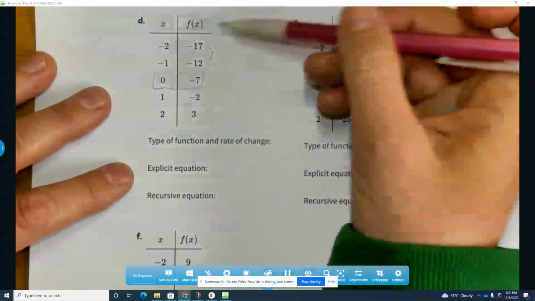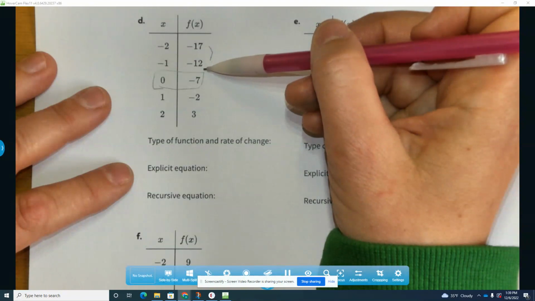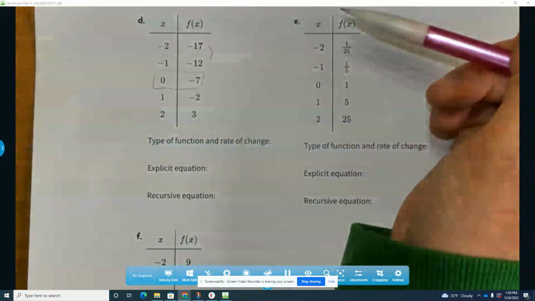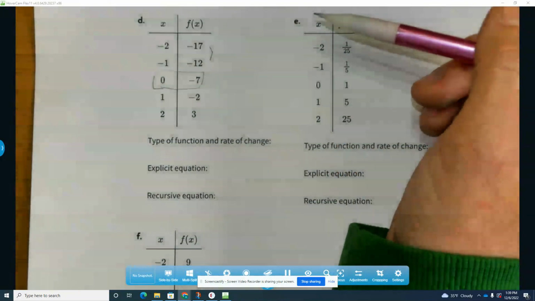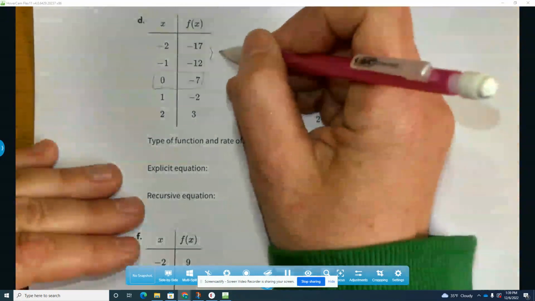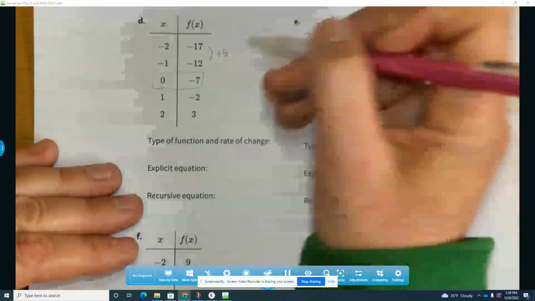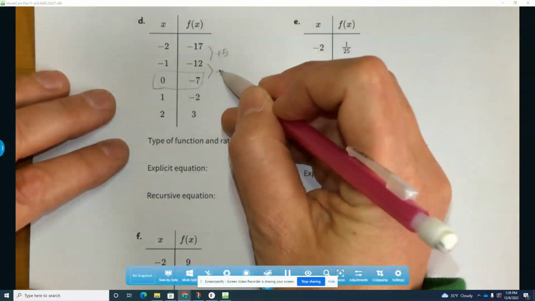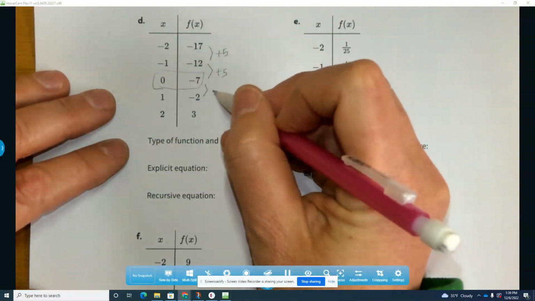So negative 17 to negative 12. If you think about it in terms of temperature, it's negative 17 degrees outside, and later on it's negative 12. Did the temperature go up or down? It went up by 5.